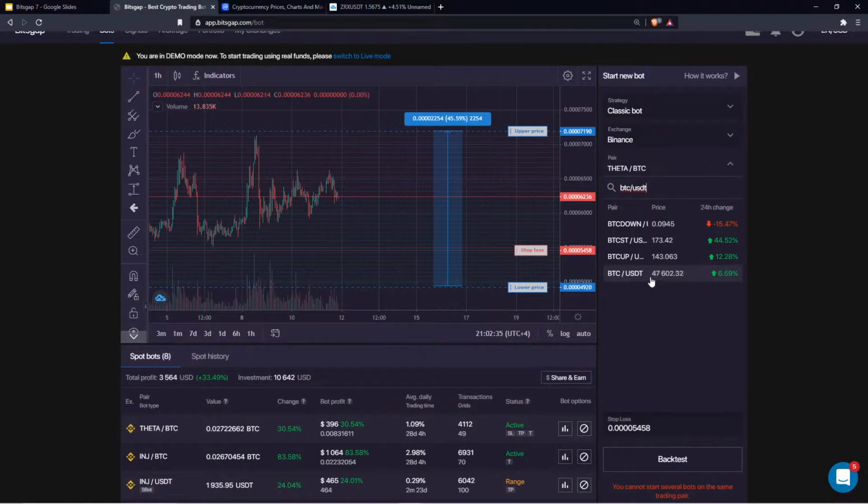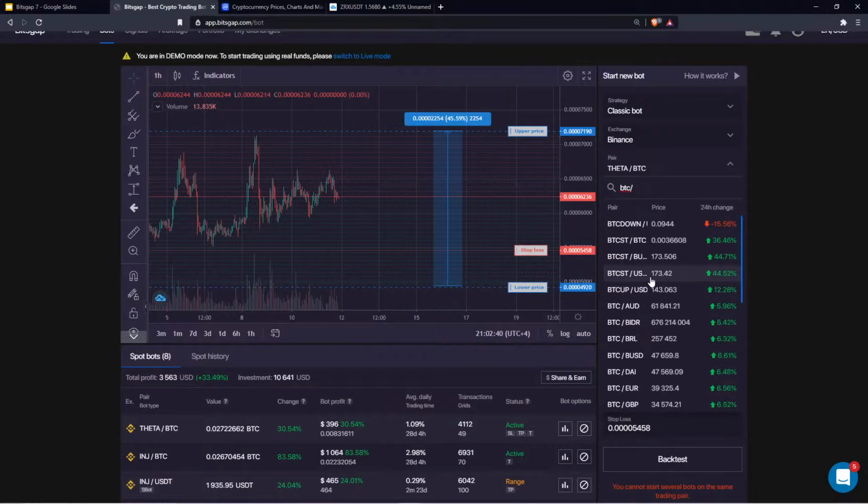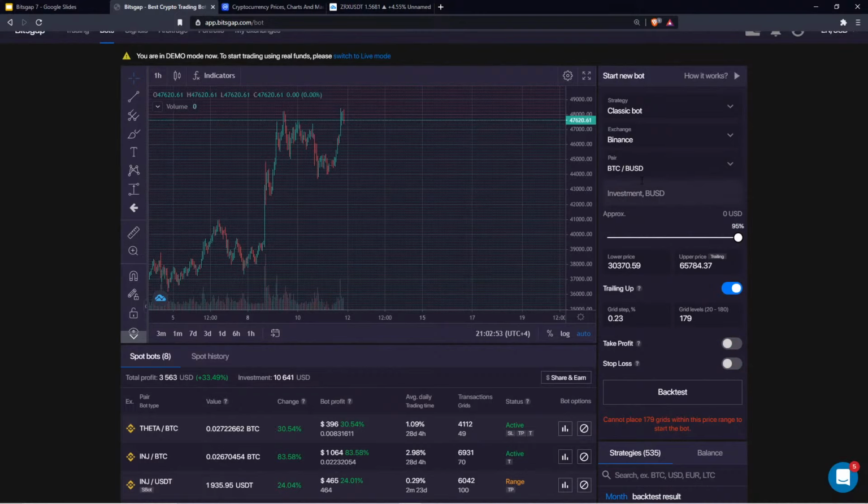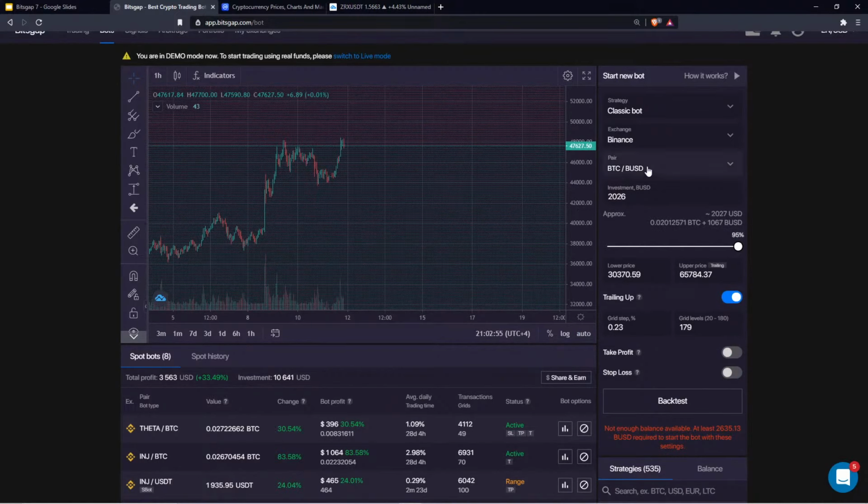But here's the trick: if you want to trade Bitcoin to a stable coin, you can trade it to TUSD, for example. So that's going to be the second strategy on the same crypto pair, pretty much. You can stick with the BUSD, which is the Binance USD coin. So you see, it's a trick for you. It's just that the stable coin varies, but still you are trading Bitcoin to US dollar, right? And that's how you can trick the system and have several different strategies on one cryptocurrency pair. So you can simultaneously launch three strategies on one pair.